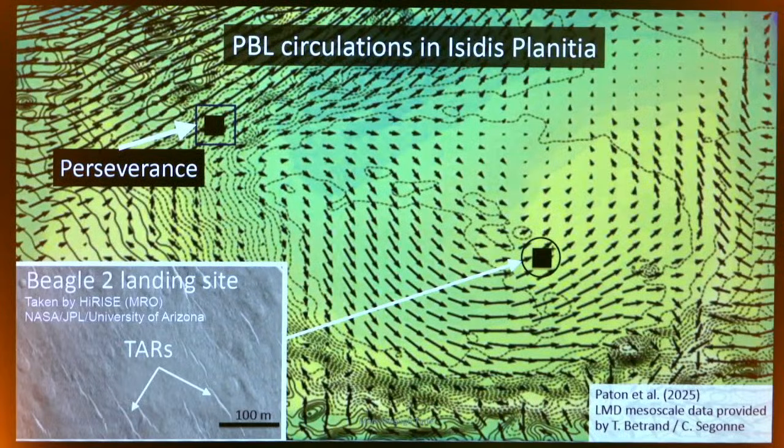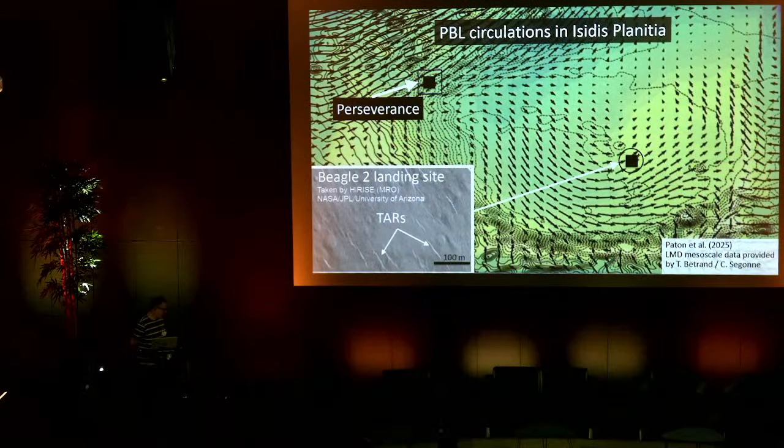This shows the basin with results from the LMD mesoscale model. It shows the wind vectors at an altitude of 2 kilometers, so inside the planetary boundary layer.